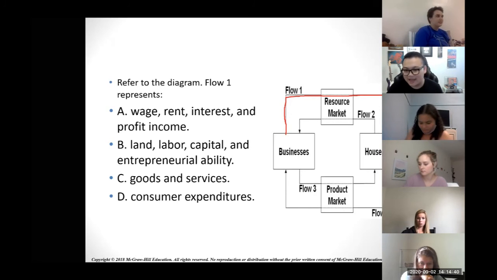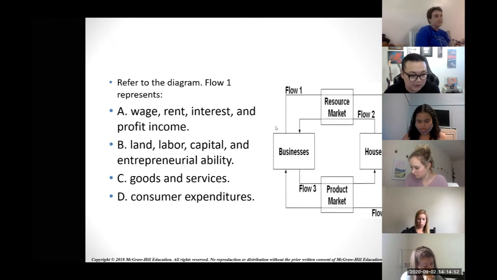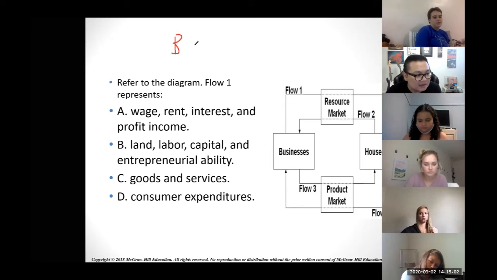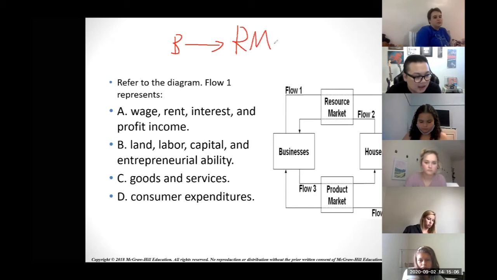So once again, this is actually very important. It's a little bit confusing if you do not remember the circular flow model. Flow one is from business through resource market to household. So you do need to know the flow. It's from business through resource market to household.